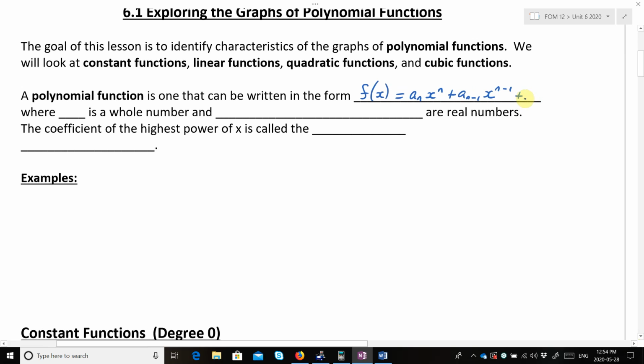Plus, could have a whole bunch of middle terms, and then at the end here, a1 times x plus a0, where n is a whole number. All of the n's have to be whole numbers, and a0, a1, all the way up to a subscript n are real numbers. The coefficient of the highest power of x is called the leading coefficient.